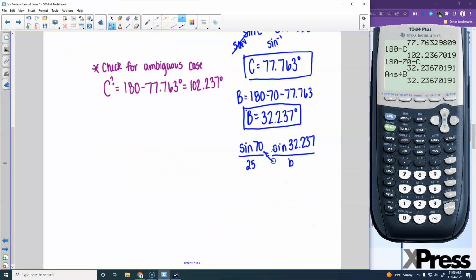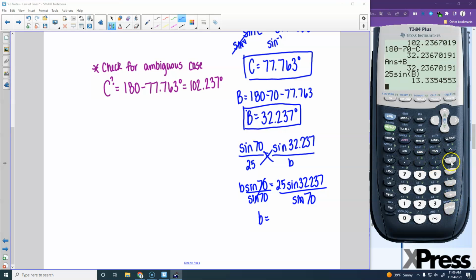so that you've got that value. So you will cross multiply: b sine 70 equals 25 sine 32.237. You would divide both sides by sine 70. So b is going to equal 25 sine of B divided by sine of 70.